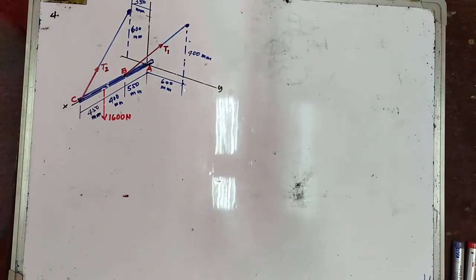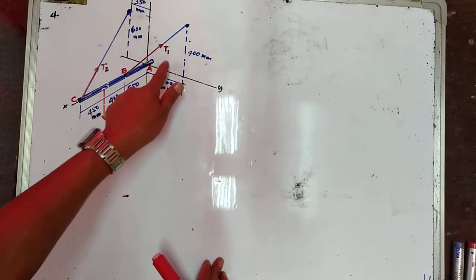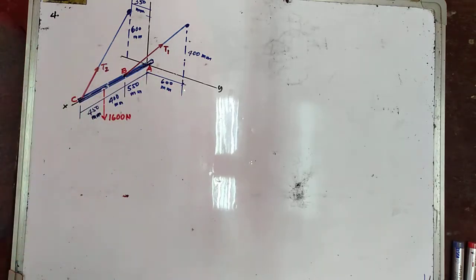Now, let us try to express T1 and T2 in Cartesian vector form.